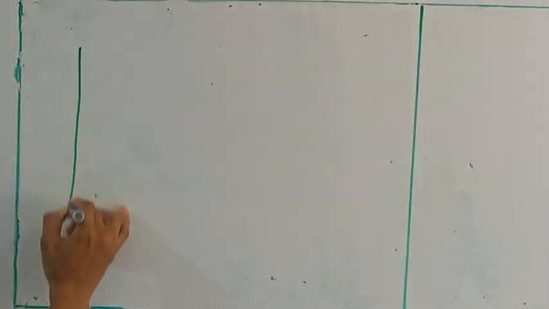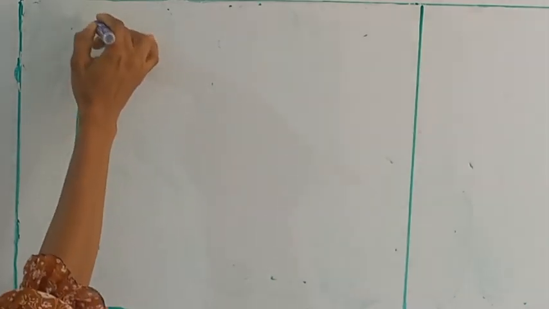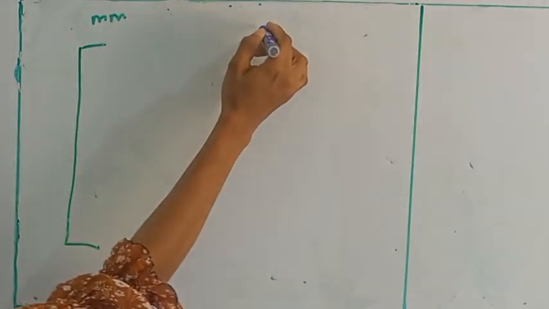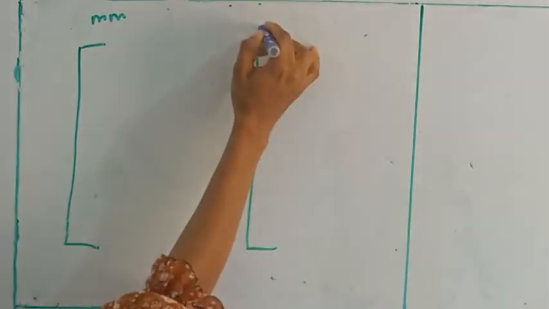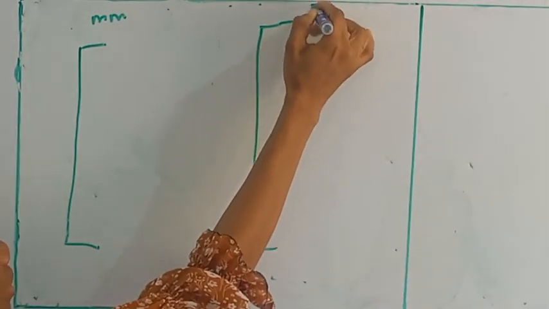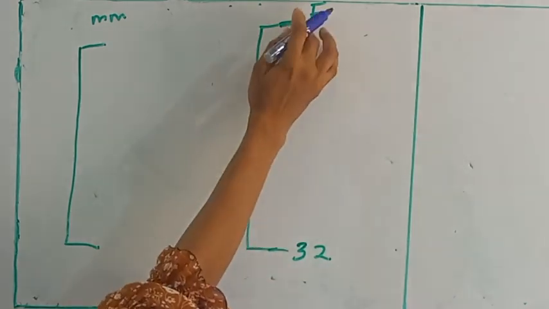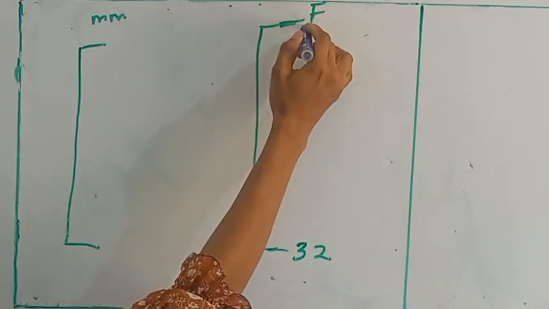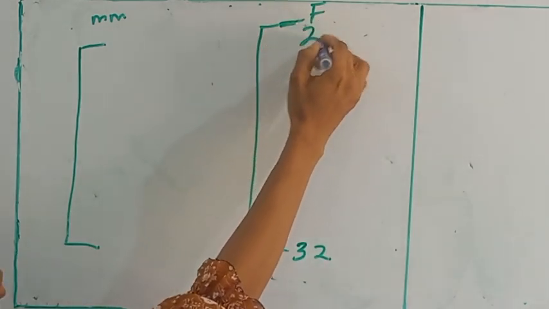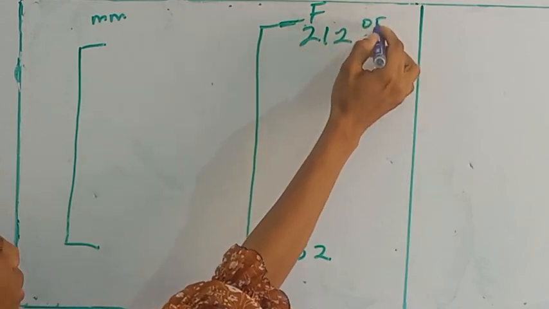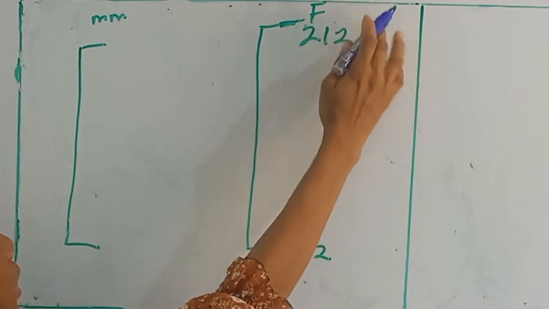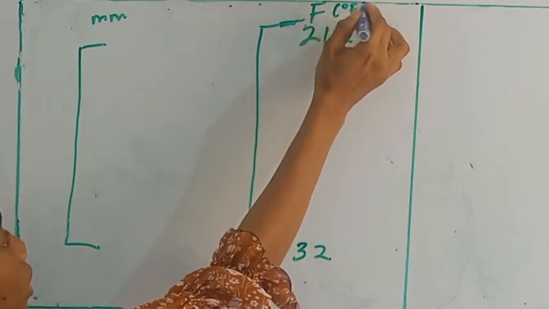In this particular case, we are comparing the temperature scale in millimeters with that of Fahrenheit. Remember that the lower fixed point is 32 and the upper fixed point for the Fahrenheit scale is 212 degrees Fahrenheit.